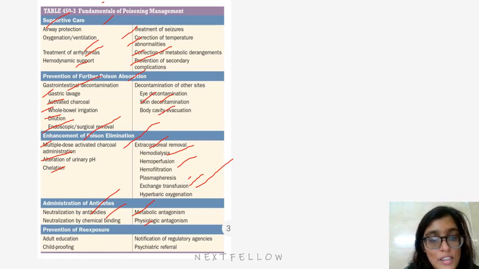Physiologic antagonism is when they act on two different receptors, but their actions are exactly opposite to each other. Prevention of re-exposure: adult education, child-proofing, notification of regulatory agencies and psychiatric referral.